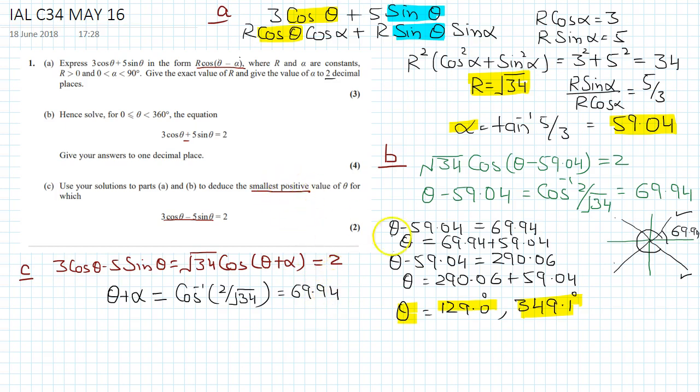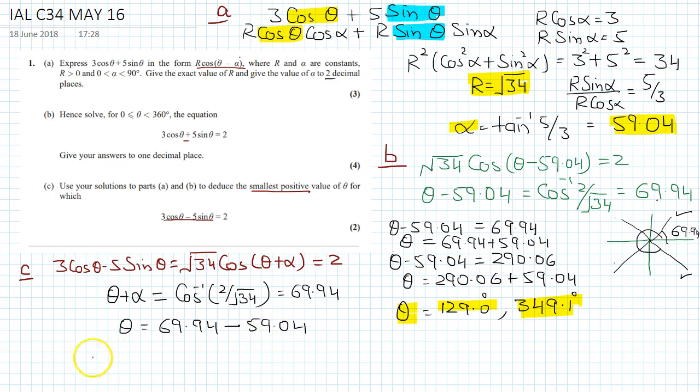It's asking the smallest value, so we are going to take the smallest angle. So theta will be 69.94 minus alpha. Alpha is 59.04.